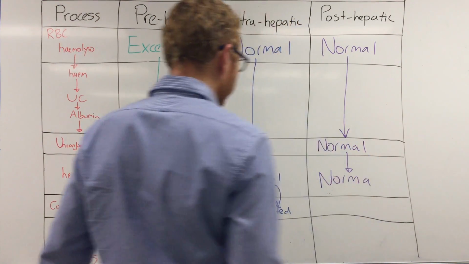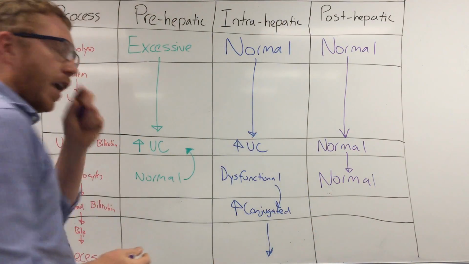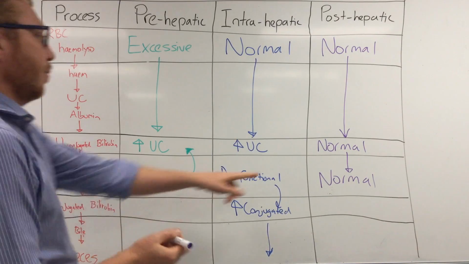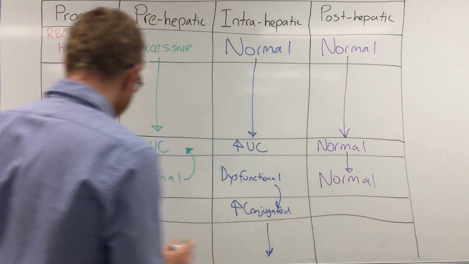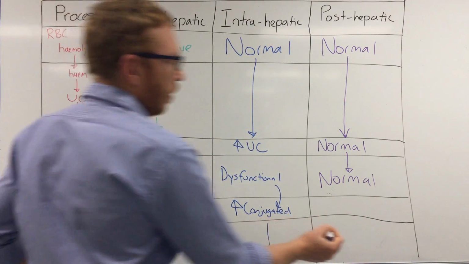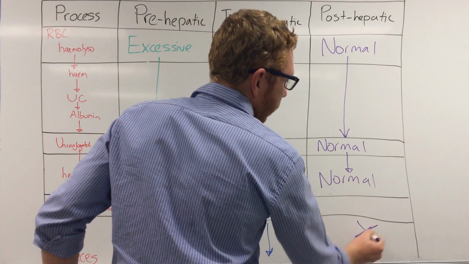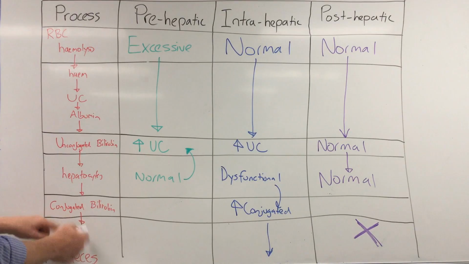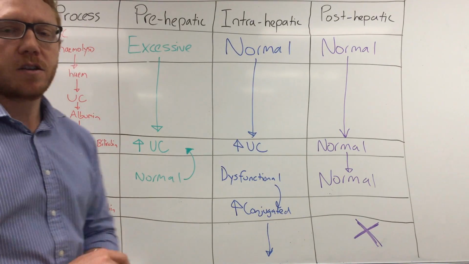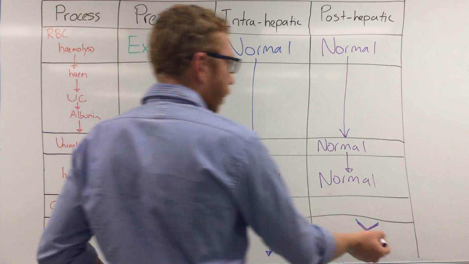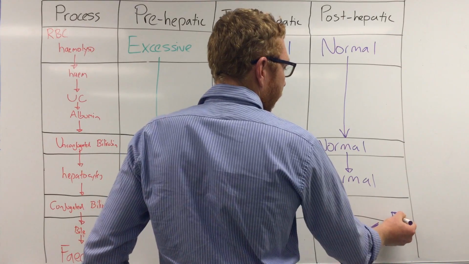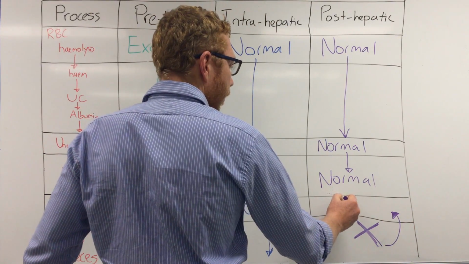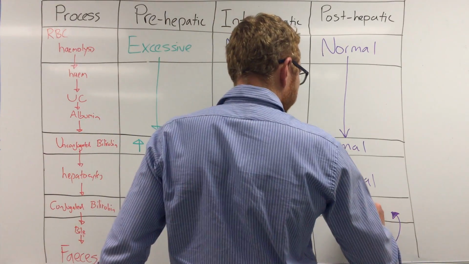So it will pass through, it will conjugate it, but the problem here is the excretion part. So there's going to be a blockage here. The stone puts a blockage between the bile secretion into the intestines. That would cause a build up back into here.